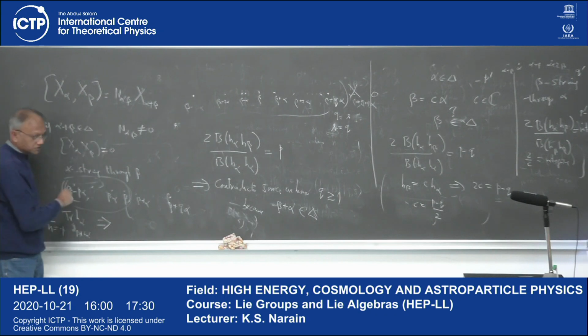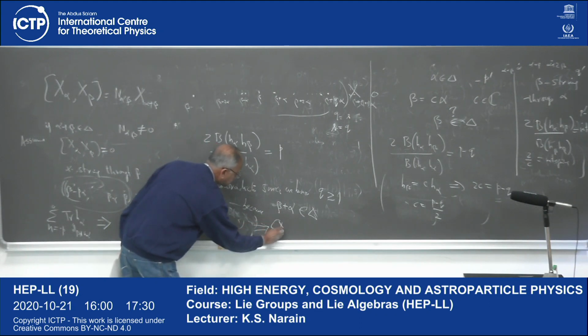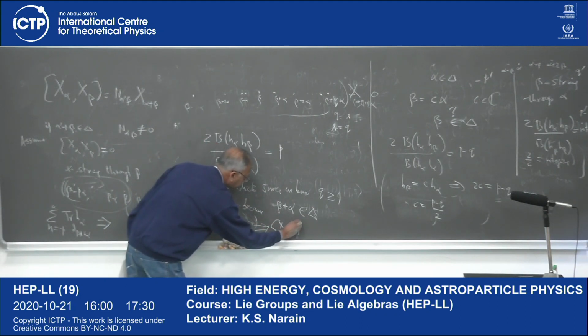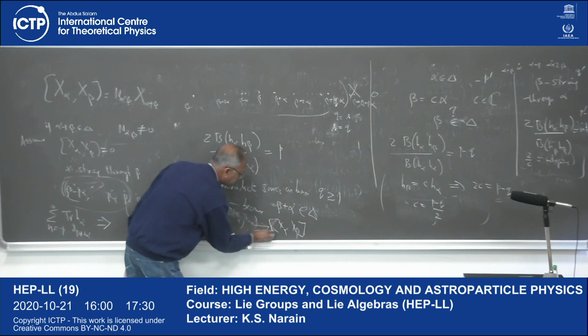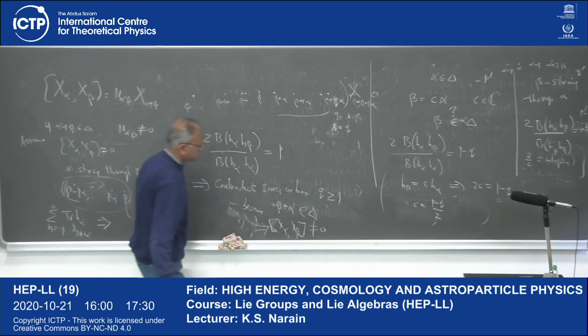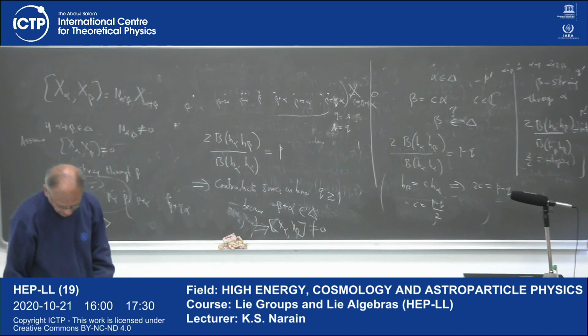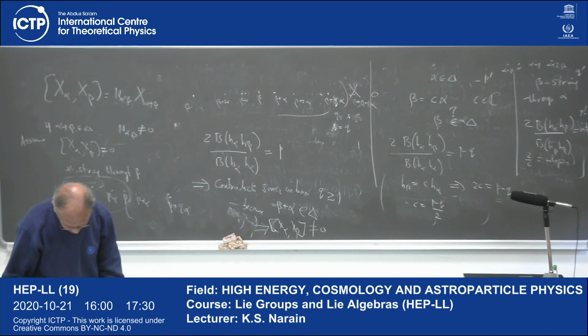So this commutator is not 0. So this implies that the commutator x alpha, x beta is not equal to 0. Which means n alpha beta is not 0. Okay.